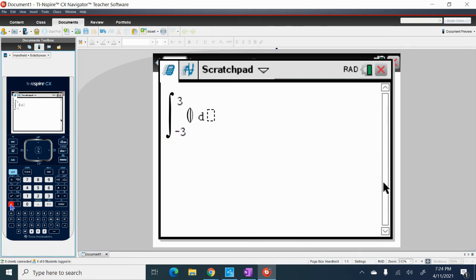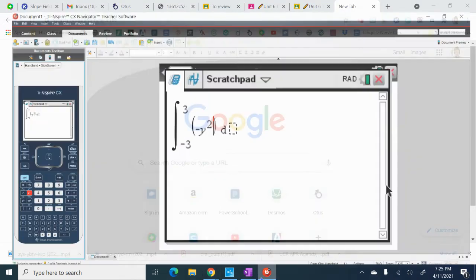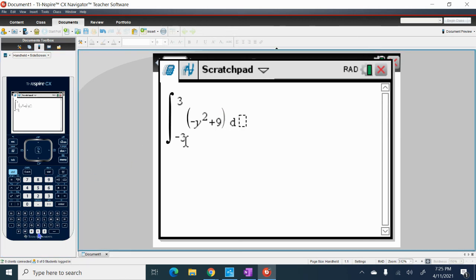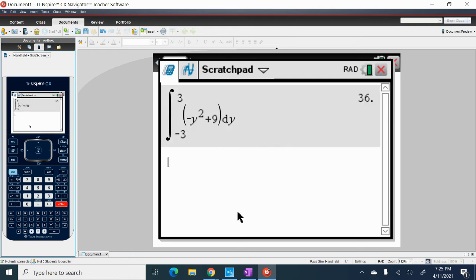Actually, I could put this in my calculator the way it looks, as long as I'm not doing it in my graph. So let's try that. Negative y squared plus 9. And then since my variable of integration is y, instead of putting an x here, I would put a y and hit enter. So that worked.